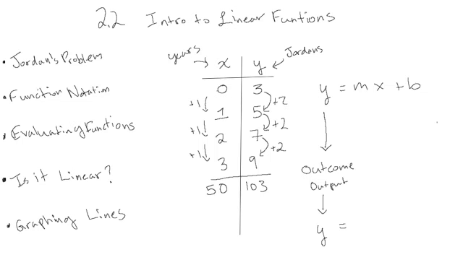Now, what is m? Well, m stands for slope, which is the same thing as, and I want you all to start thinking about slope as rate. In other countries, it's called the gradient.